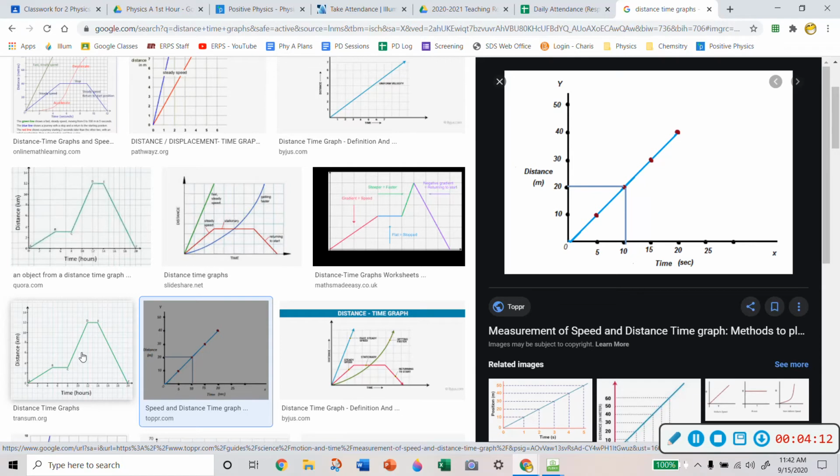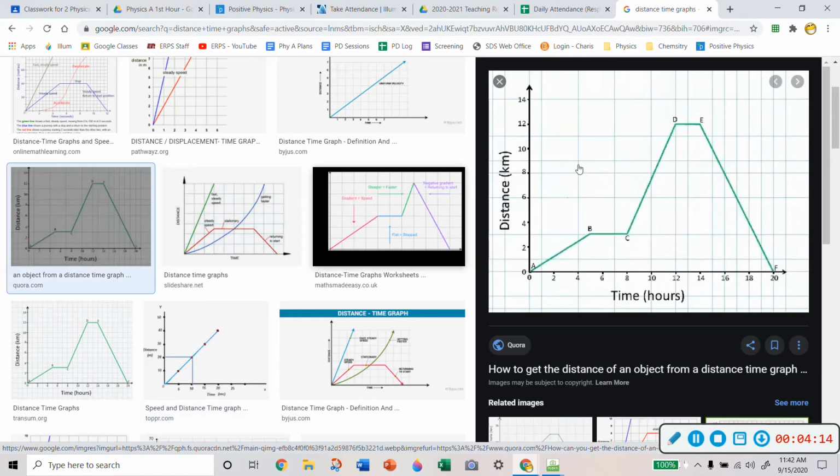But we have to be careful. Here's a graph where we have a constant speed, but here we have a steeper slope. So what's going on there? We want to know that a sloped line tells me the speed, but a steeper sloped line means a greater speed. So this spot right here on this graph shows an object between A and B going a certain speed, but between C and D, the same object has now sped up.